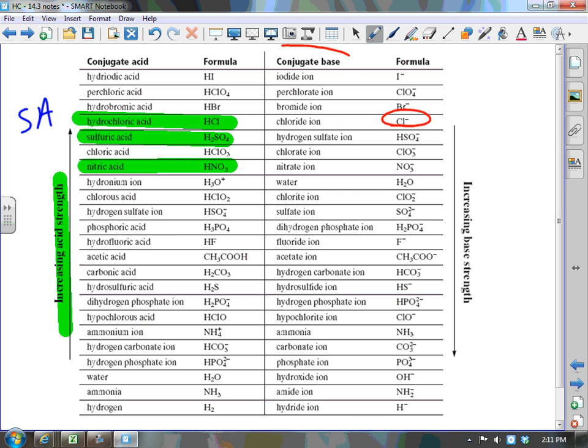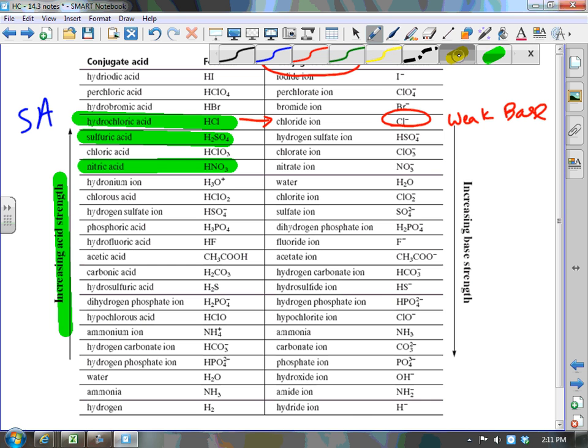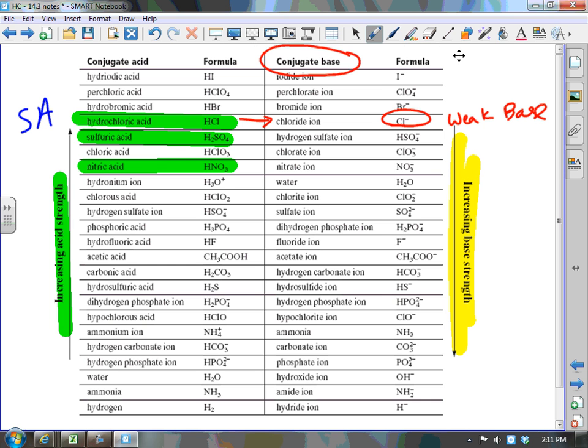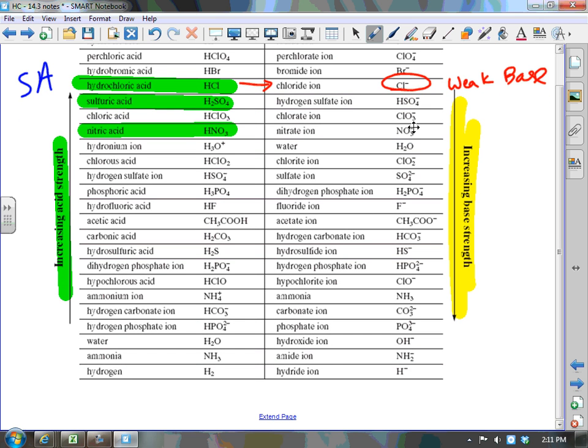Here's its conjugate. This is a strong acid, but its conjugate is a very weak base. Increasing base strength. So if this is a strong acid, its leftover piece, its conjugate, is going to be a weak base.